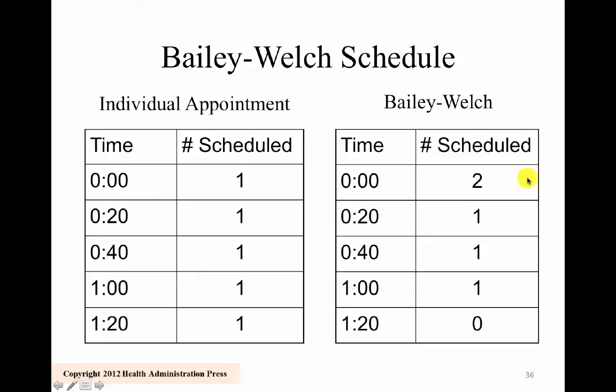What this does is it puts 2 people at the very front, and then there's only one person scheduled for each subsequent time until you get down here at the very end where there's nobody. The advantage to this approach is that you have people at the very beginning that will have to wait. So I guess I should say that's the disadvantage.